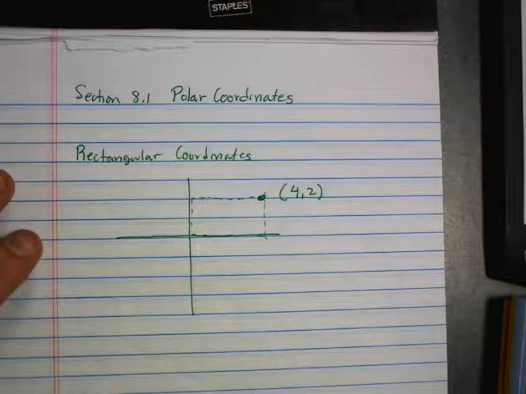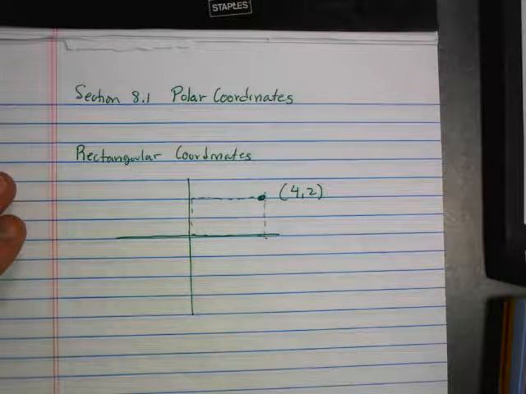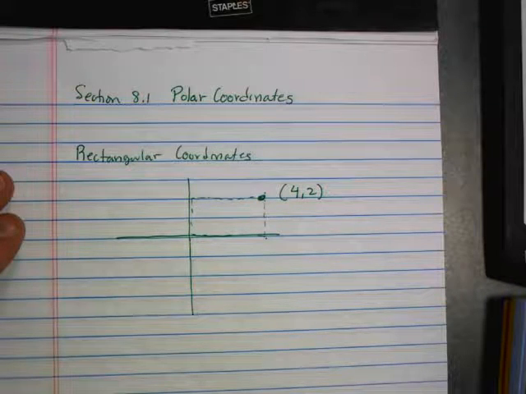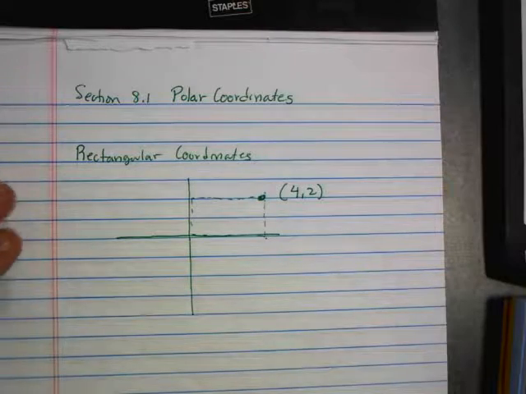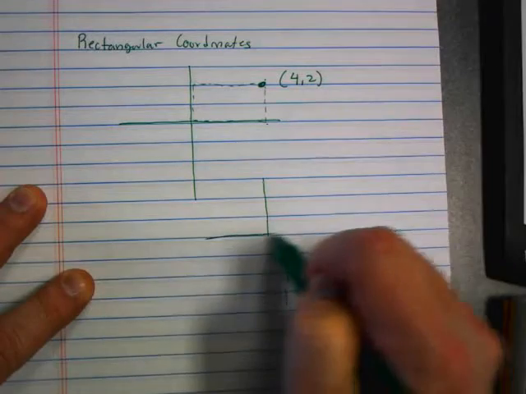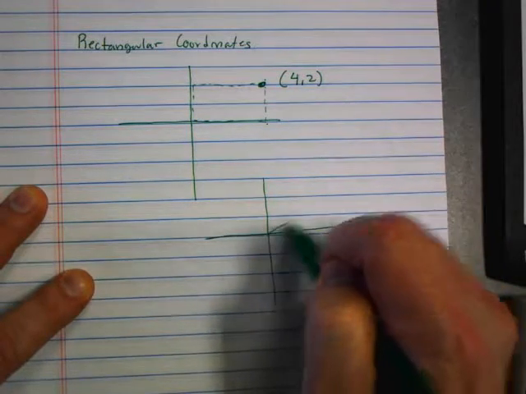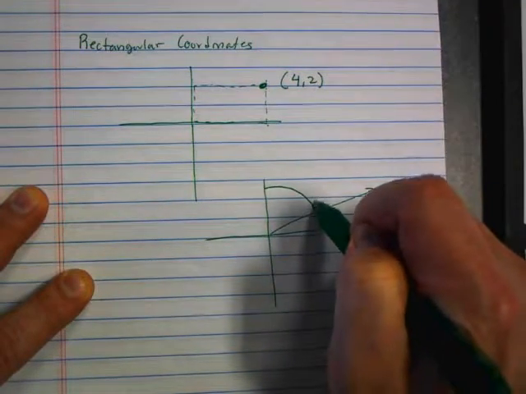Today we're going to talk about a different way of labeling points called polar coordinates. What's that? Sailors don't use polar coordinates. They use something similar, but not exactly. Sailors tend to use bearing. If they need to go this direction, they measure it from here.